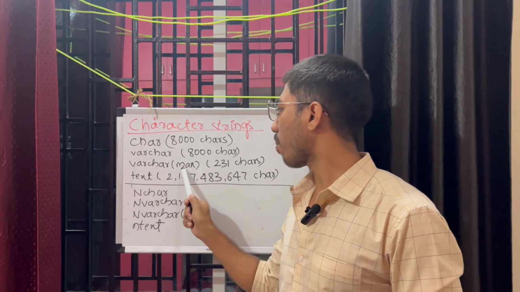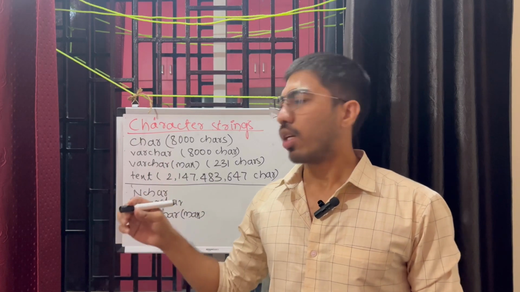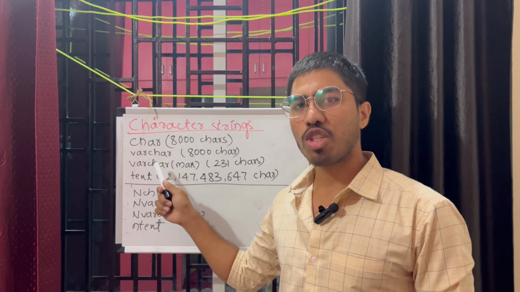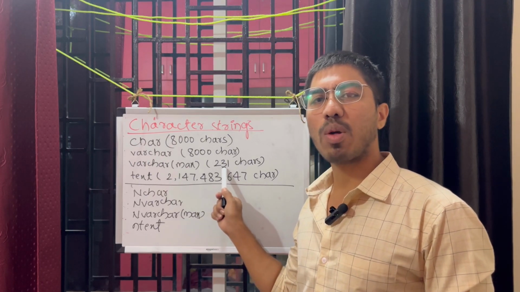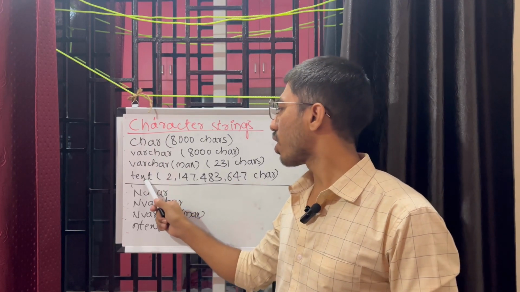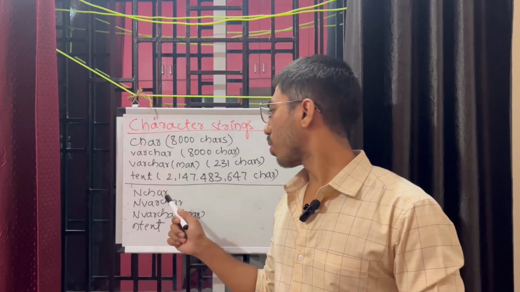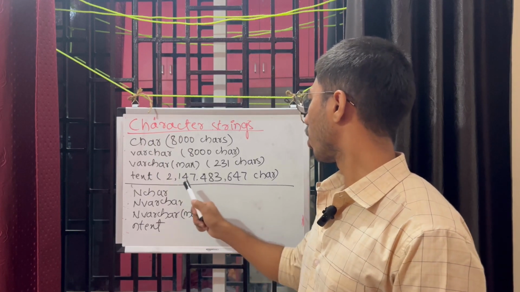Next one is varchar(max). This is also a variable length character string which accepts a maximum of 2^31 characters. The last one is text. Text is a non-Unicode data type which accepts a maximum of these many characters.